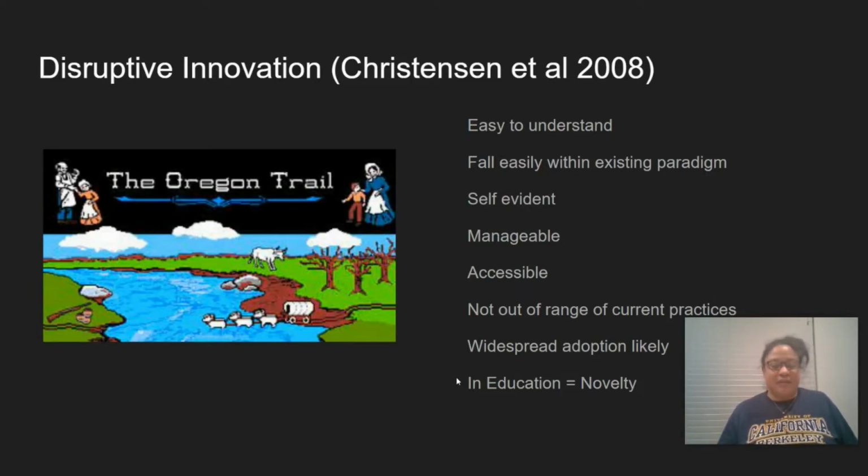However, as it manifests itself in education, it becomes a novelty after a while because it's not followed up or supported for a variety of reasons. And Magana then provides the Apple II, and specifically the Oregon Trail program, as an example of a successful disruptive innovation with a computer, but an unsuccessful implementation with Oregon Trail.